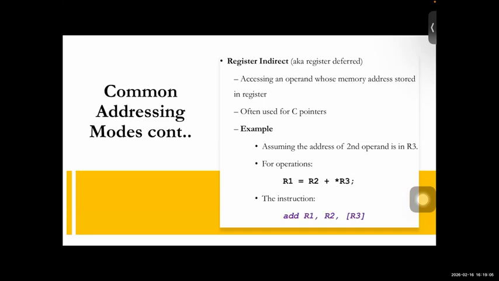The instruction is add R2 plus the second operand, which is in the main memory. That's why it is written in square brackets. In the square brackets, R3 is there. So the R3 register holds the address of the main memory where the operand value is stored. This we call register indirect. The register does not have the direct value, it has only the address of the operand. Does that make sense?